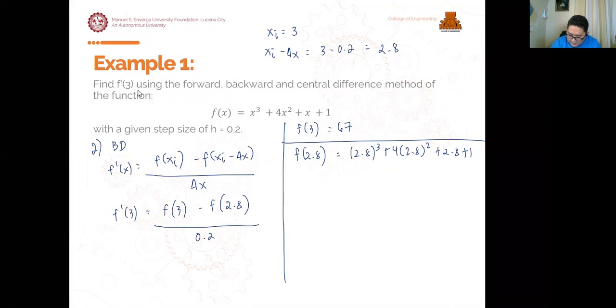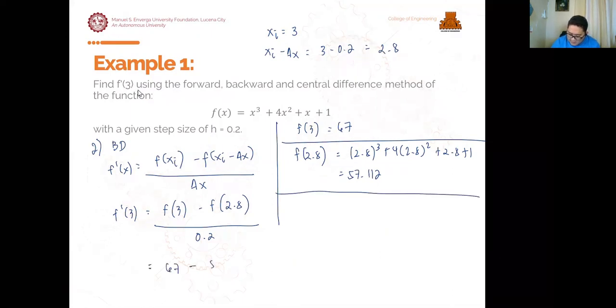So we have 57.112. Then we substitute that dun sa given natin, no? So substitute natin f of 3 is 67 minus 57.112 all over 0.2. So makukuha natin yung value ng f prime of 3 is 49.44. Okay. Ito yung approximate value natin using backward difference.